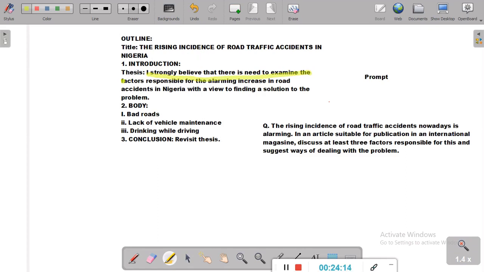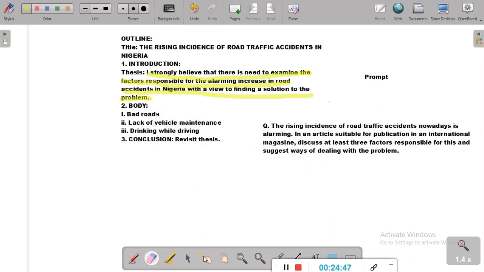I strongly believe that there is need to examine the factors responsible for the alarming increase in road accidents in Nigeria with a view to finding a solution to the problem. This can be our thesis, and the important thing is for you to know exactly how we were able to arrive at our thesis.